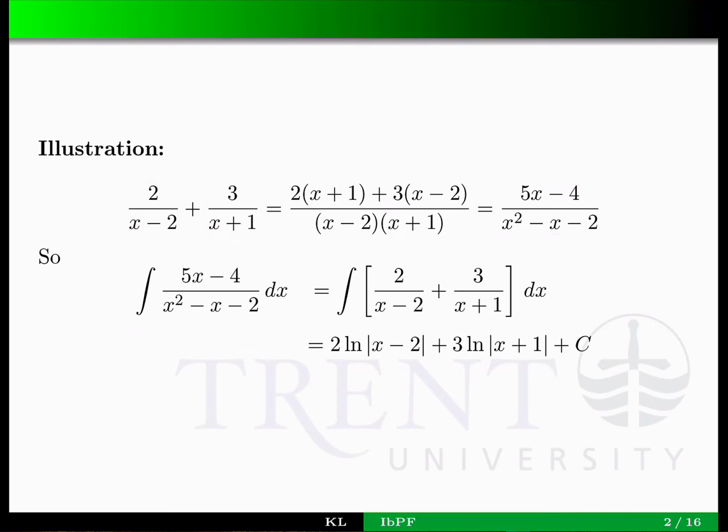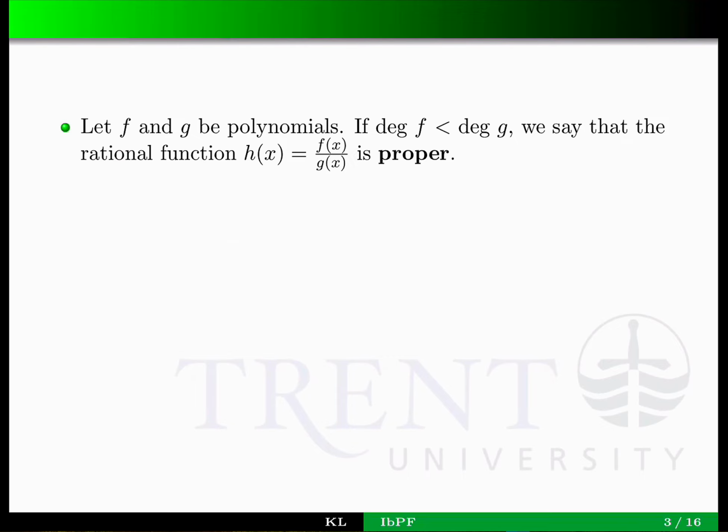First, let us define some things. Let f and g be polynomials. If the degree of f is less than the degree of g, we say that the rational function is proper. So if you remember, this is consistent with the definition of proper fractions.